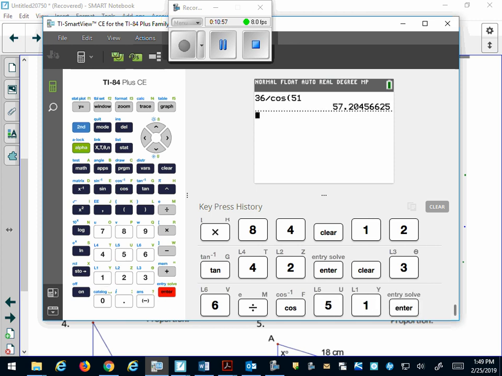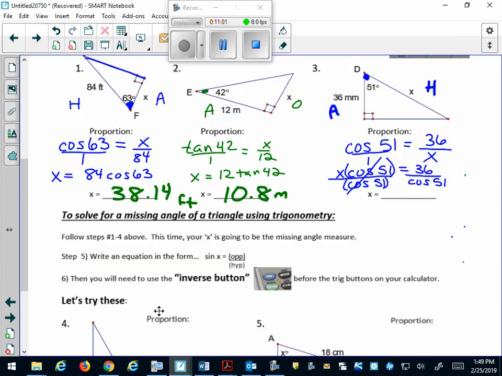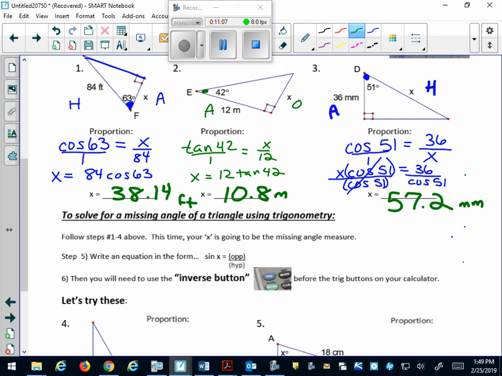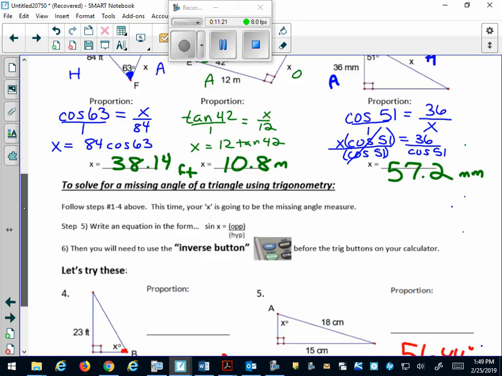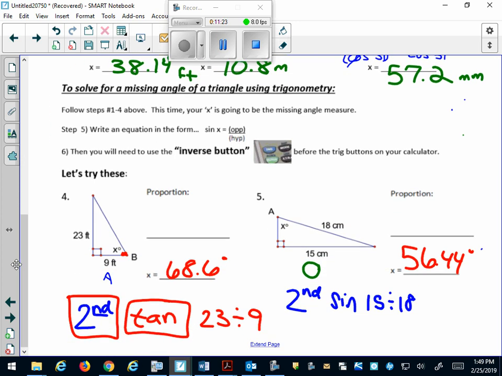This gives us 57.2, which is our missing side. Any questions on that? So you're setting it up the same way, cross multiplying. You just have to realize that if there's an x on the bottom, it ends up being a division in your calculator.